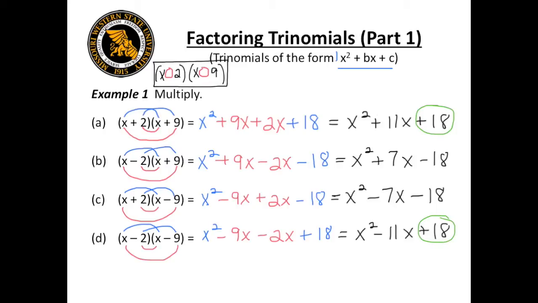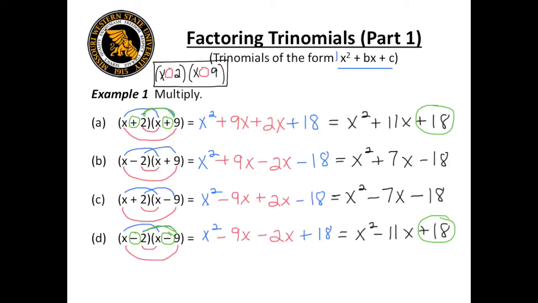And recall, to get that third term, we multiplied the last two numbers in each binomial. Notice, to get a positive 18, we multiplied a positive times a positive, or a negative times a negative.